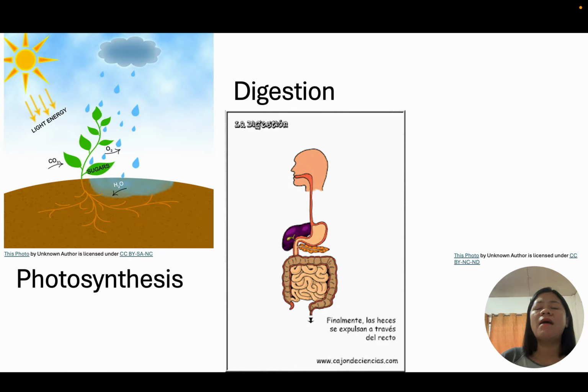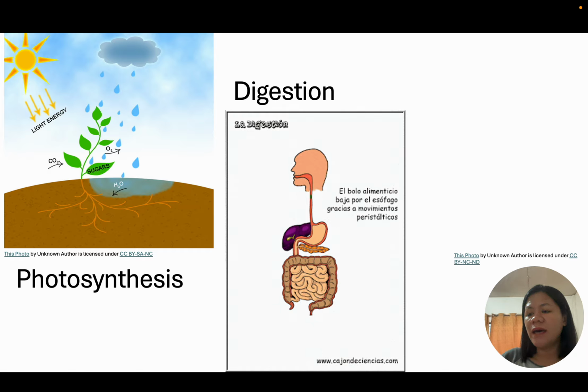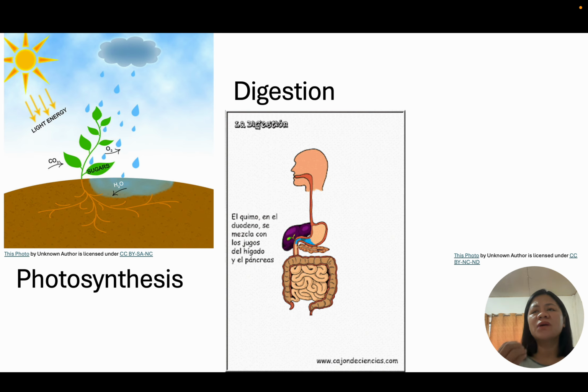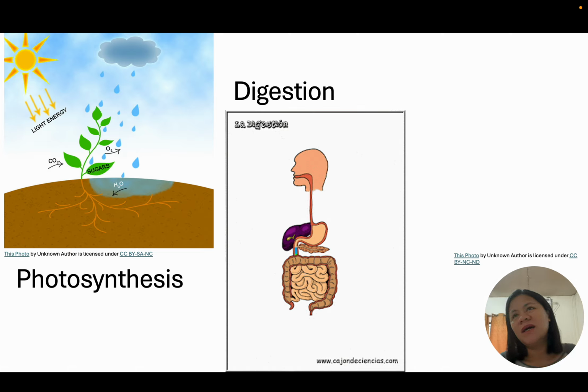Some of its parts will be included in our waste, but there are bacteria and enzymes that are involved already, and there's absorption of nutrients. So whatever we eat, we do not expect that our waste will be the same.